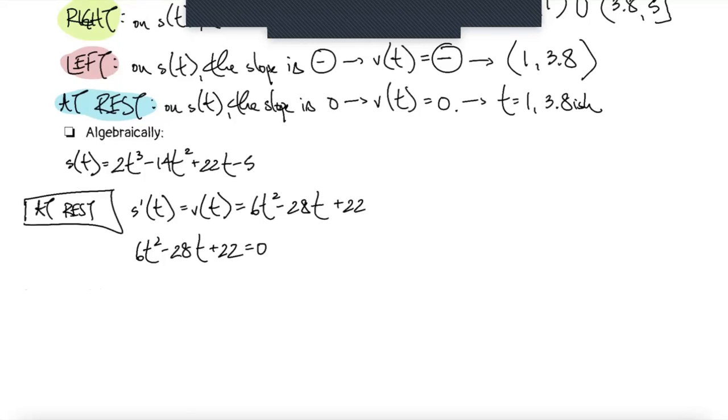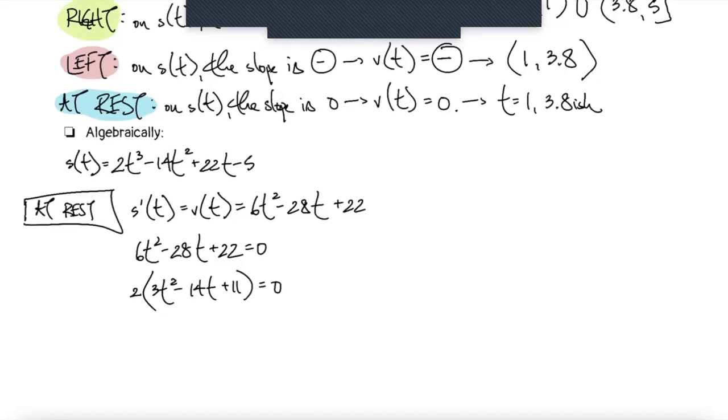So in this case, what can we factor out of here? Exactly, let's go ahead and pull a 2 out. We'll get 3t squared minus 14t plus 11 equals 0. I can leave the 2 there, or the 2, because it's just a number, I can divide that away.